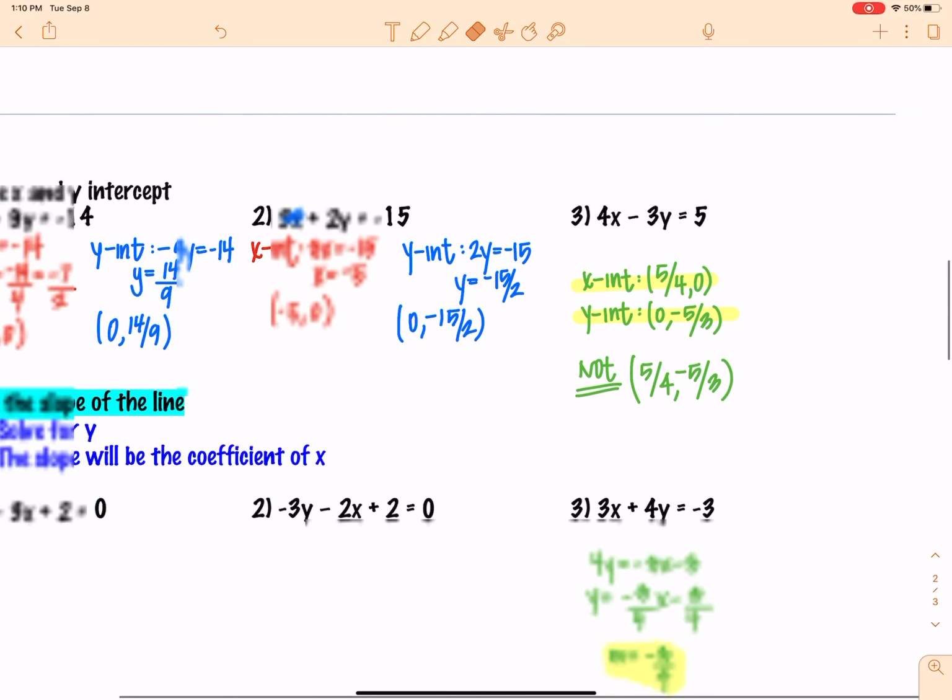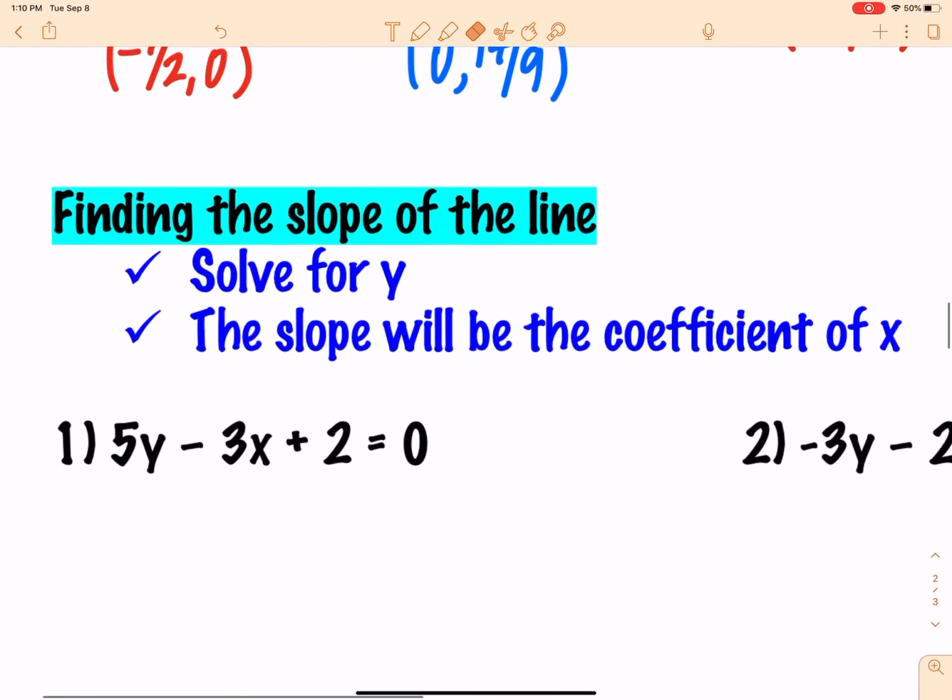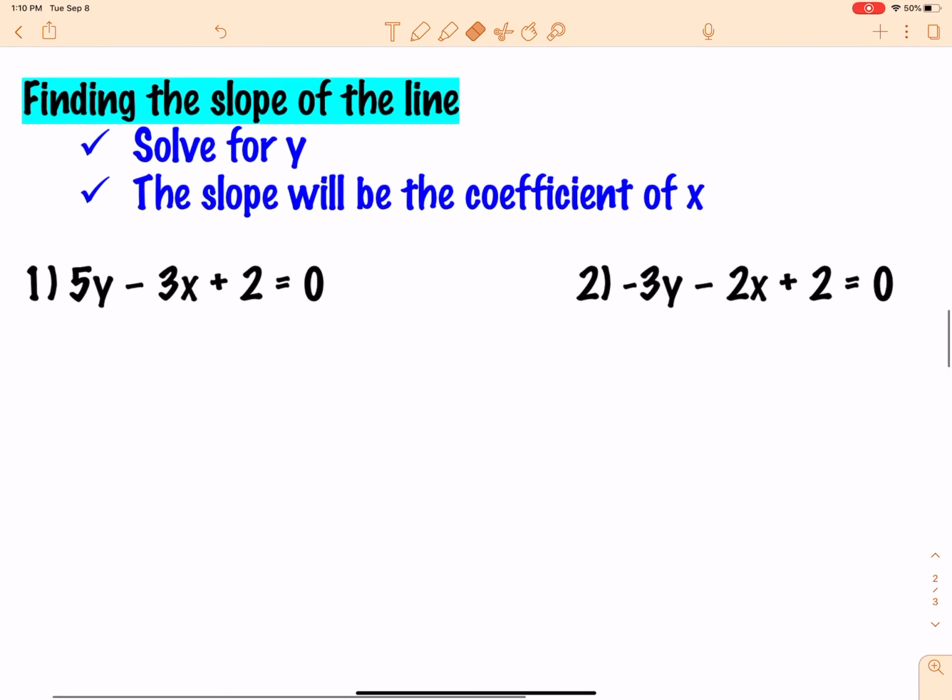All right, and then we're going to continue on what we started last notes with talking about slope. So all we're going to do is solve this for y equals mx plus b, your favorite form, slope-intercept form. And then we're just going to tell me what the slope is by looking at the coefficient of x.